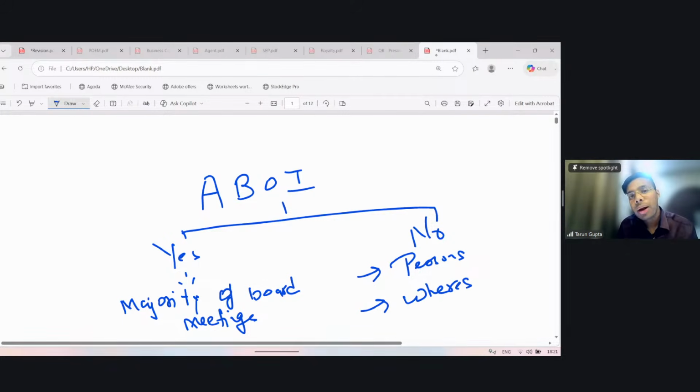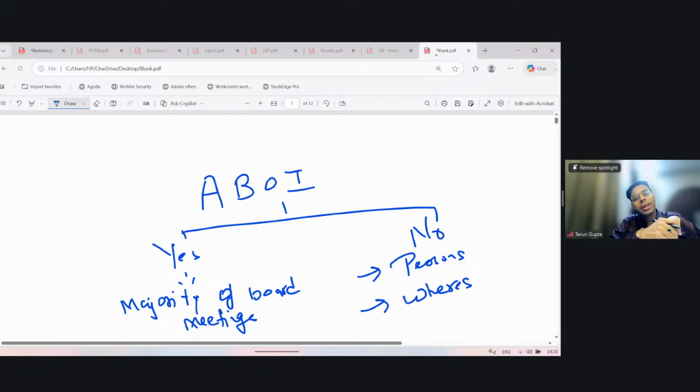If such persons are located outside India, then the POEM is outside India. If such persons are located in India, then the POEM is in India. So you understood how we go about it? Firstly, we have to see whether the company is engaged in active business outside India or not. If it is engaged in active business outside India, then we have to see where the majority of the board meetings were held. If the majority of the board meetings were held outside India, then the POEM of the company shall be treated as outside India.